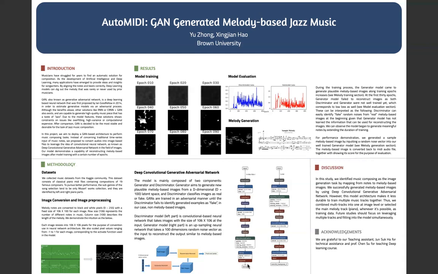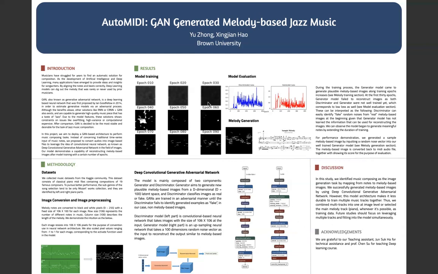At the output, we are trying to identify whether this image is real or not. The generator model is a kind of up-sampling neural network that takes a 100-dimensional random noise vector as the input to reconstruct the output, which is similar to our training data.